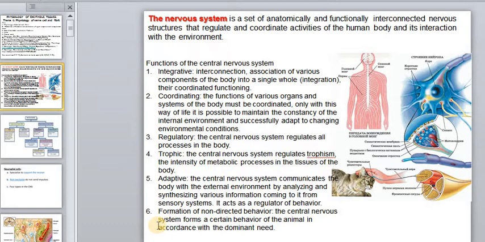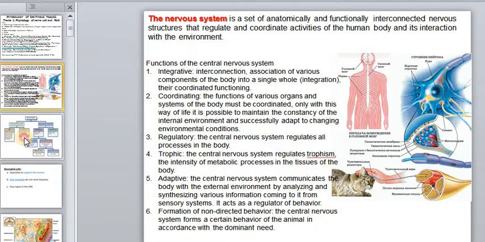Especially we have communication with the external environment and formation of behavior for animals. The body responds to irritation with a reflex, and this way the nerve system can control all options.